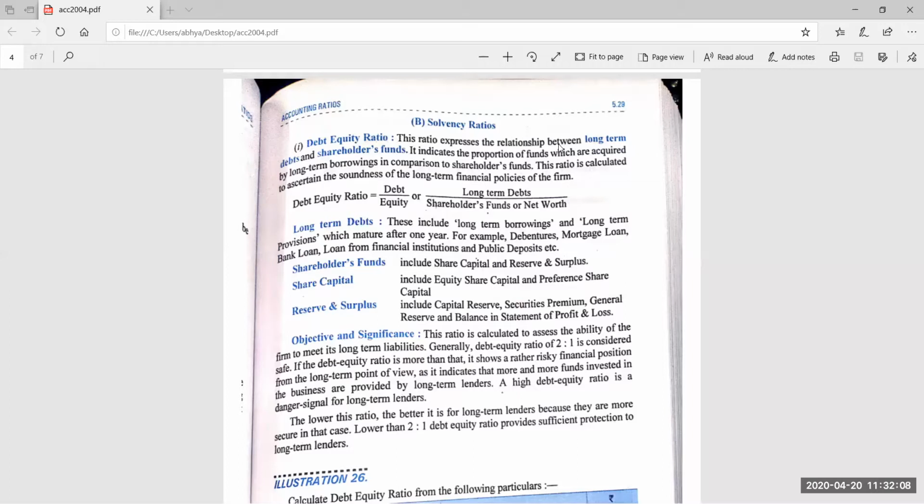Whatever assets are purchased by the business, most of the assets are purchased by taking loans. So in future, if the firm is going to wind up, then the lenders may not get their money back if their loans are unsecured loans. So am I clear? Now the questions.